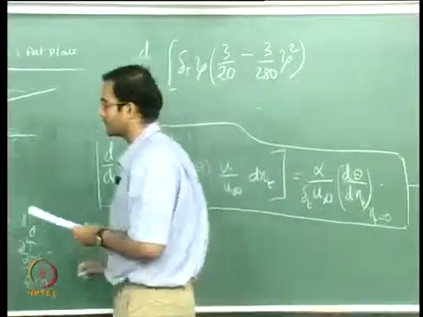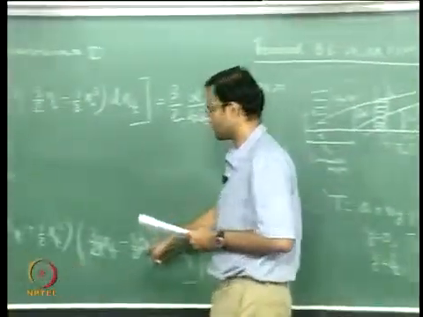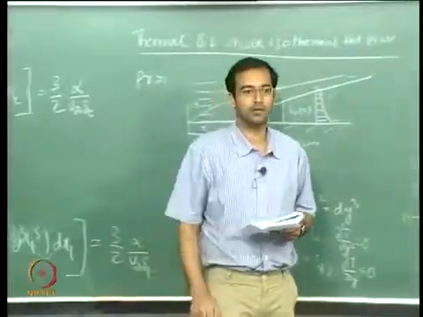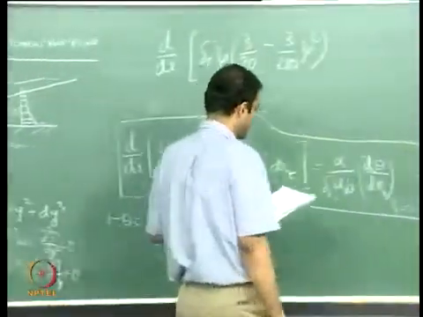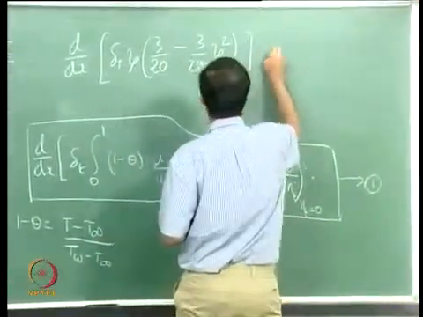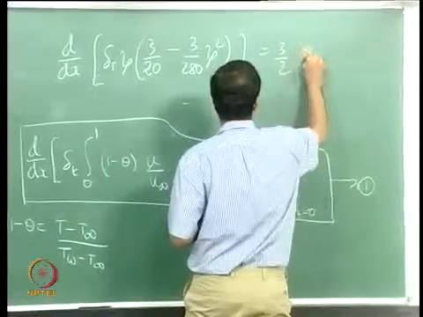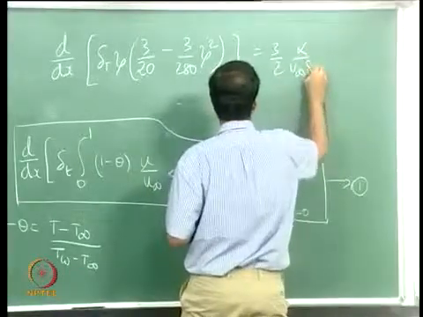So this zeta cube term we can write as zeta common out and zeta square inside. On this side you have 3 by 2 alpha by u infinity delta t.